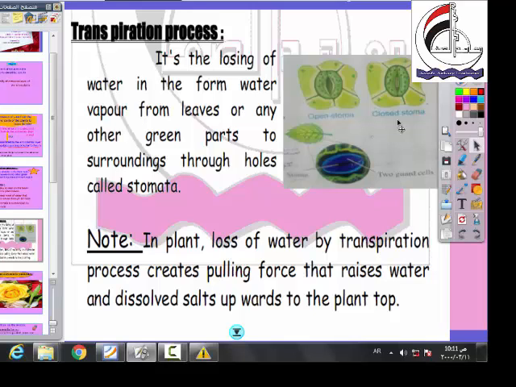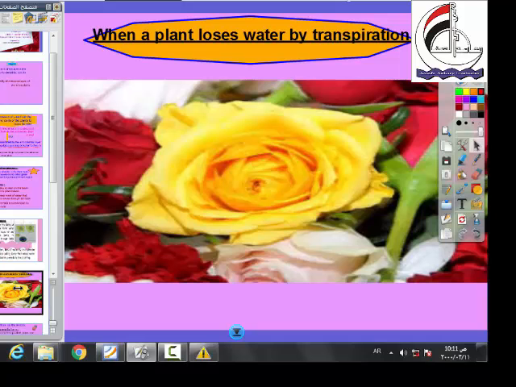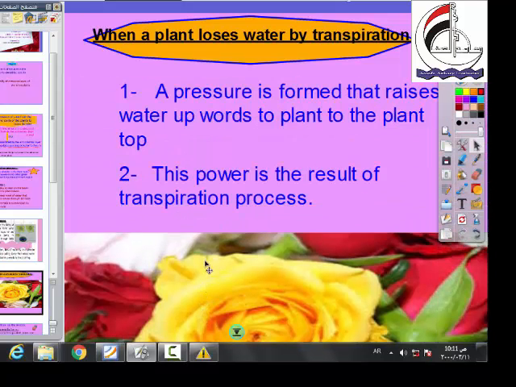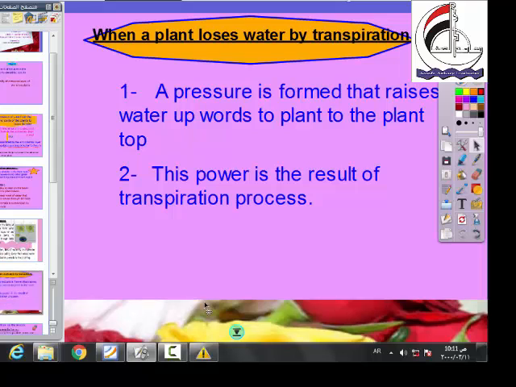Stomata, open stomata and closed stomata, have two guard cells to control opening and closing stomata by changing their shapes. When the plant loses water by transpiration, a pressure is formed that raises water upward to the plant top.